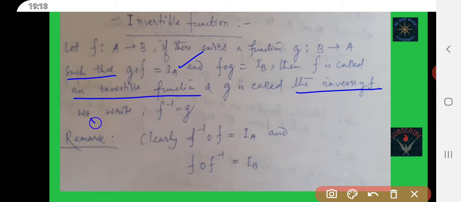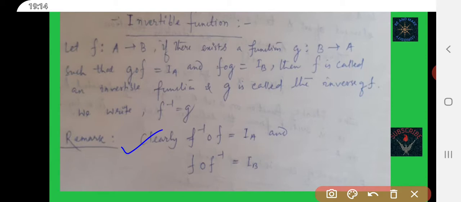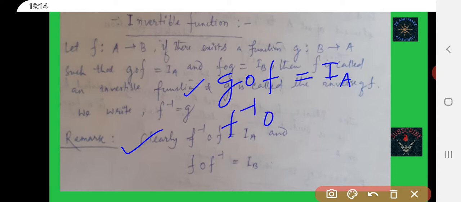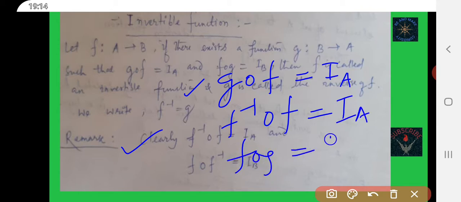We write g is equal to f inverse, or you may write directly g∘f is equal to I_A, that is f inverse of f is equal to I_A, and f∘g is equal to I_B, that is f of f inverse is equal to I_B.